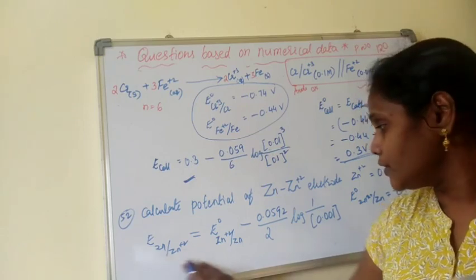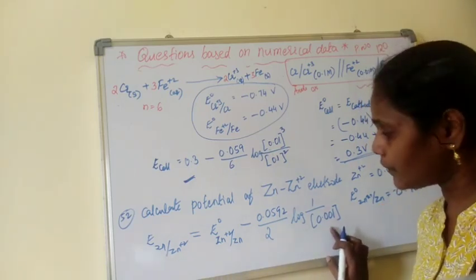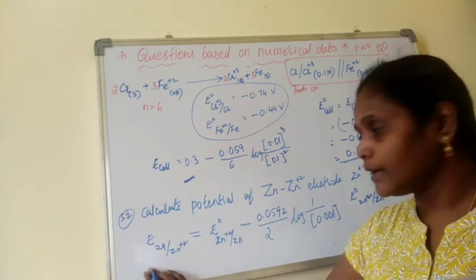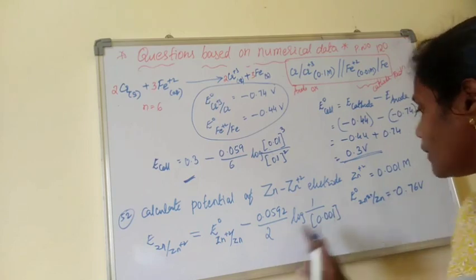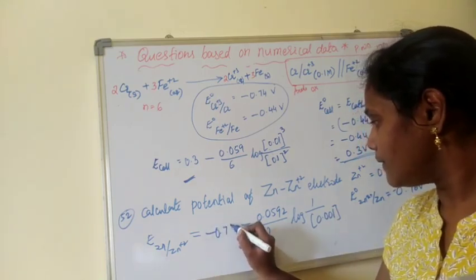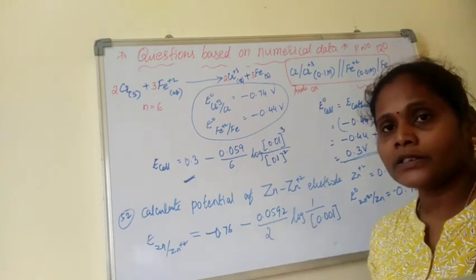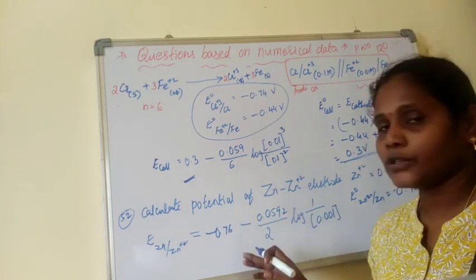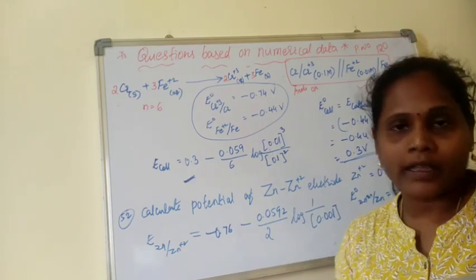We will get it this way because it is not 1 molar concentration. So the half cell E can also be calculated by substituting. Then what is this E naught? E naught is given already, or we know it, right? So minus 0.76, I have substituted. Everything is given, just substitute and you will get these two answers. Then question 53, I have to.